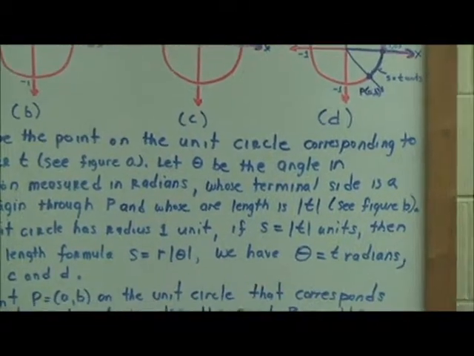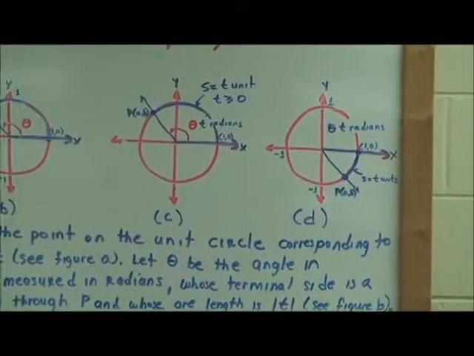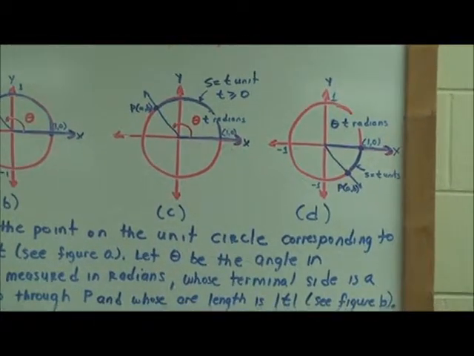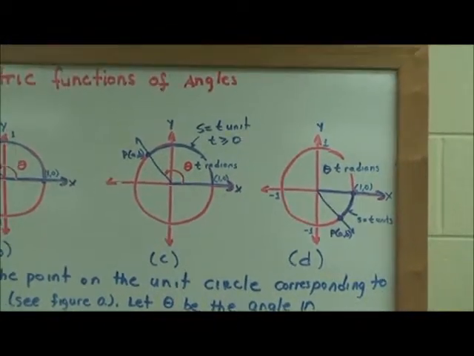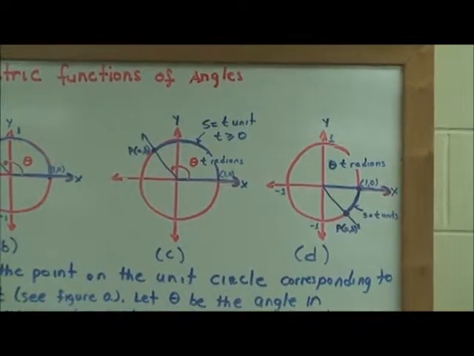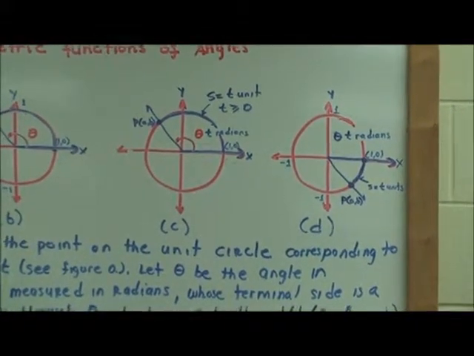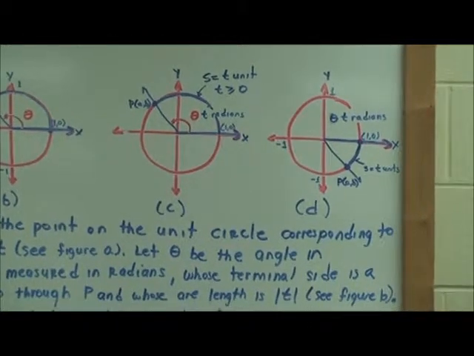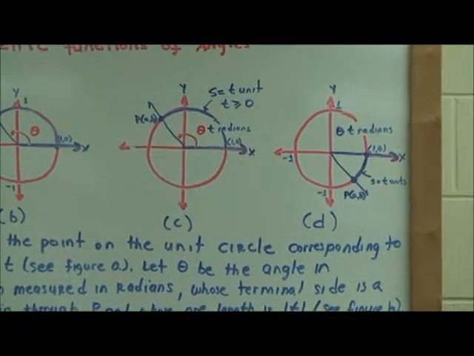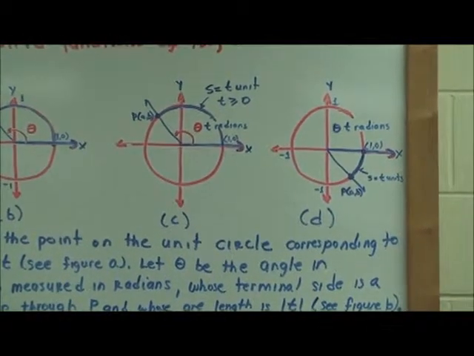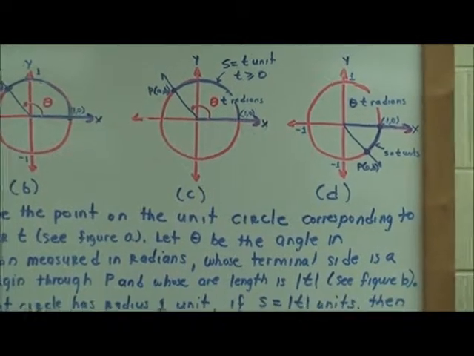So C, look at figures C and D right here. Look at it very, very closely. And the point P on the unit circle that corresponds to the real number t is also the point P on the terminal side of the angle theta, which is equal to t radians.